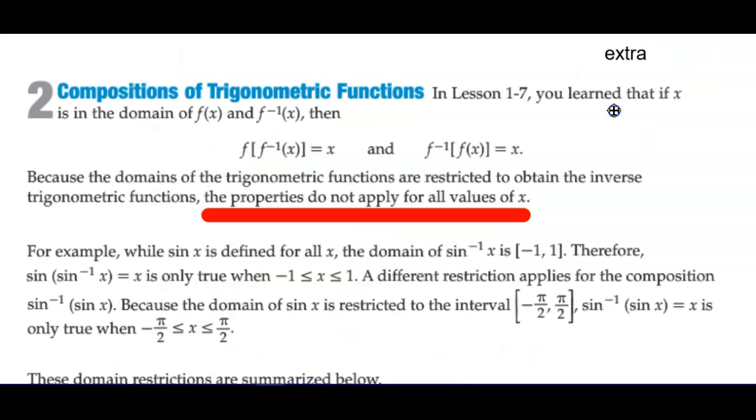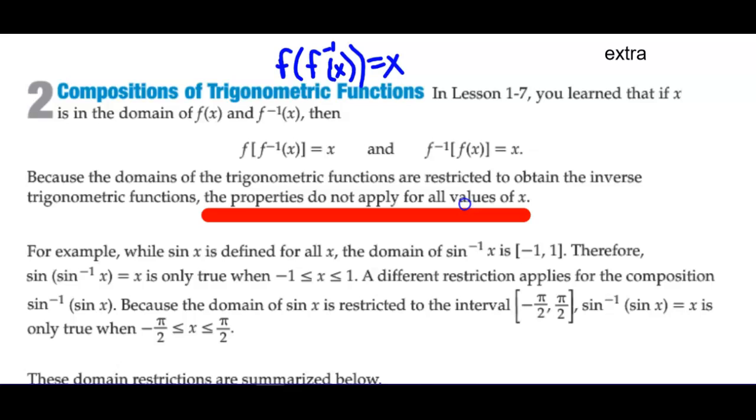All right, one more little piece to this lesson. Remember, when we did inverses, they were functions that undid each other. And if you took the composite of a function with its inverse, they undid each other and got back to the beginning, or the x value. But that does not always apply when you're doing inverse trig functions.